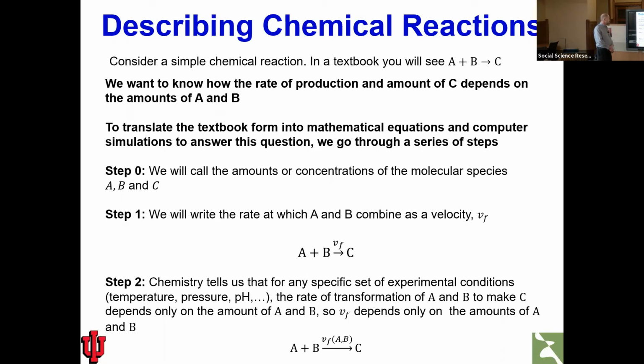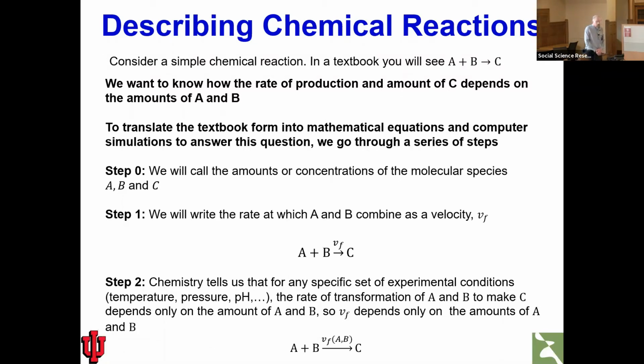The second thing is we need some kind of representation of what the speed of reaction is, and that typically is written over the arrow. And here we have A plus B goes to C at some velocity, V sub F.